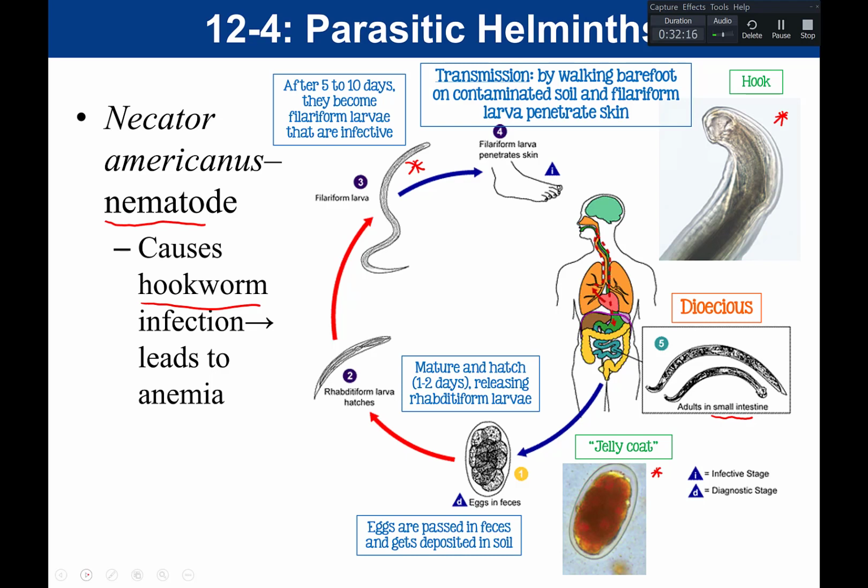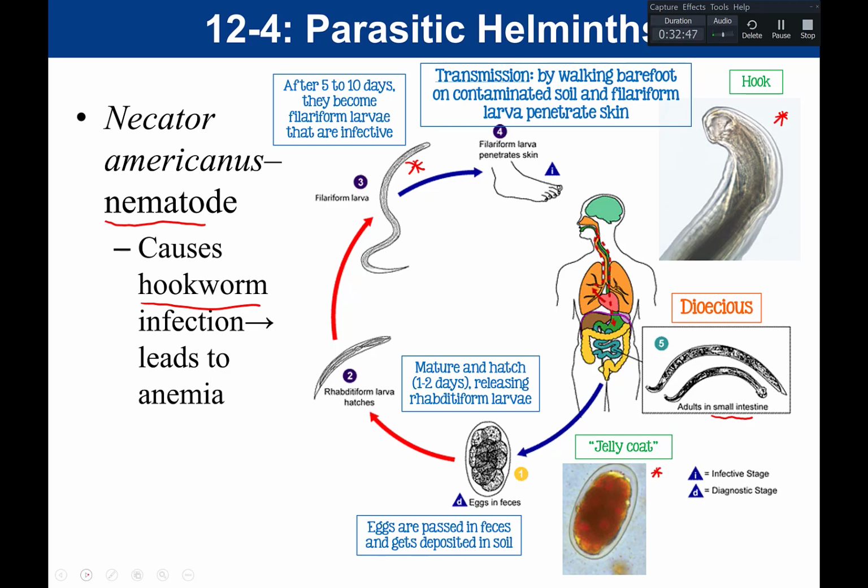The infective larvae, those Falciform larvae, can survive in favorable environmental conditions for about 3 to 4 weeks. So they can survive in the soil for about 3 to 4 weeks. People living in areas with warm and moist climates and where sanitation and hygiene are poor are at risk for a hookworm infection if they walk barefoot or in other ways that allow their skin to have direct contact with contaminated soil.